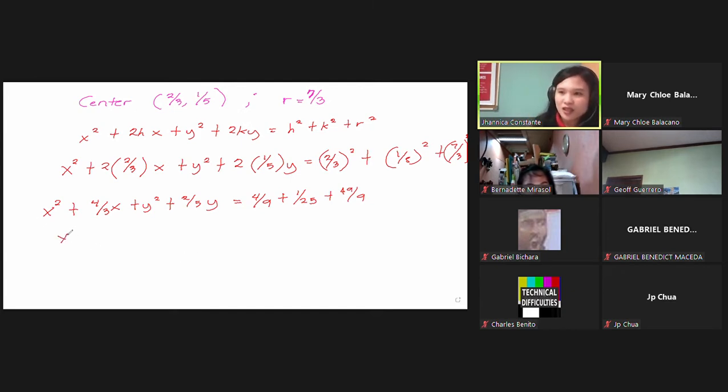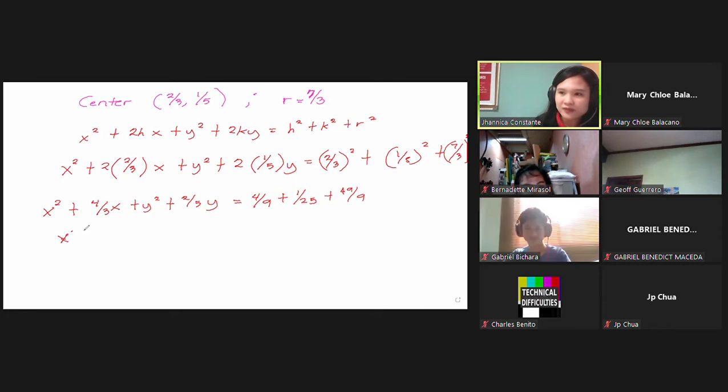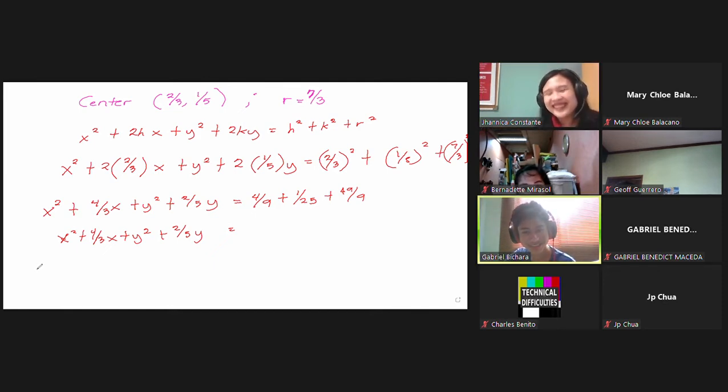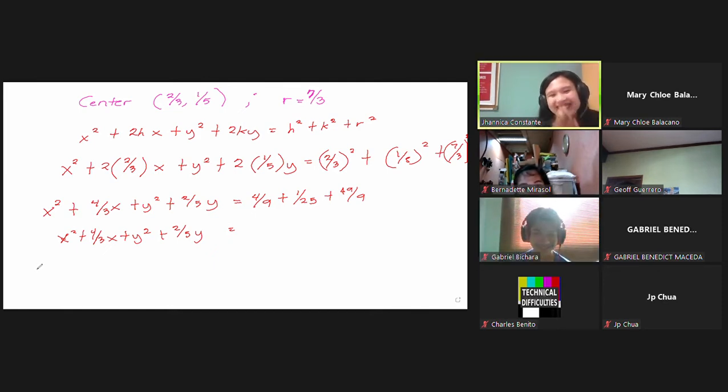So we have x squared plus 4/3 x plus y squared plus 2/5 y equals 4/9 plus 1/25 plus 49/9 is equal to what? In fraction form.